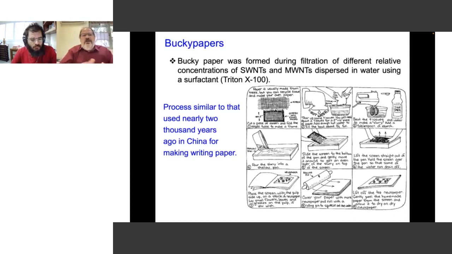You use a filter, could be a cloth paper filter. You deposit the solution containing carbon nanotubes, single wall and multi-wall, and smash them, filter them, and you can follow this. This is exactly the way you make Chinese paper, right?